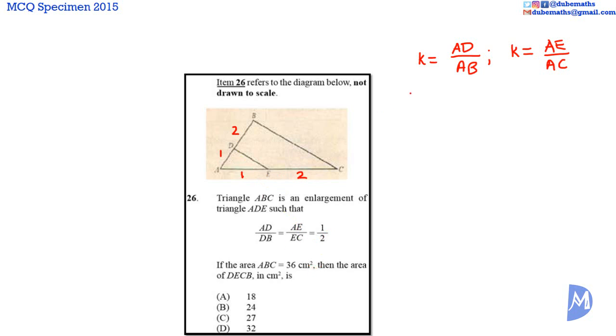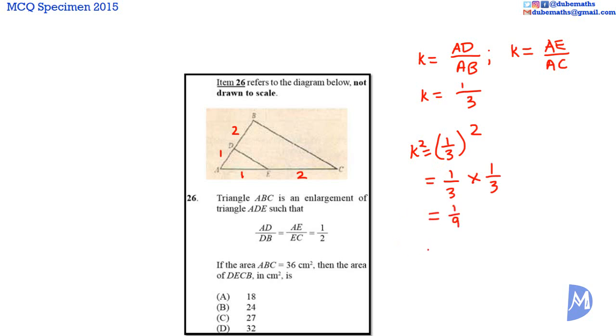Therefore, the linear scale factor K is equal to AD 1 over AB 1 plus 2, 3. The linear scale factor K is equal to 1/3. The area scale factor K squared is equal to 1/3 squared, which is equal to 1/3 multiplied by 1/3, which is equal to 1/9.